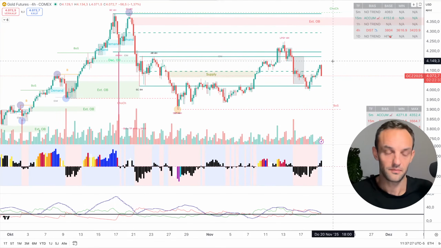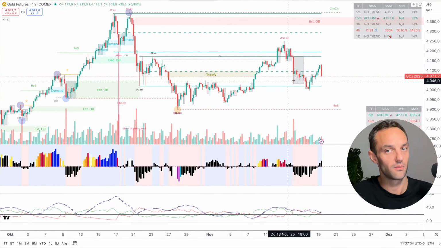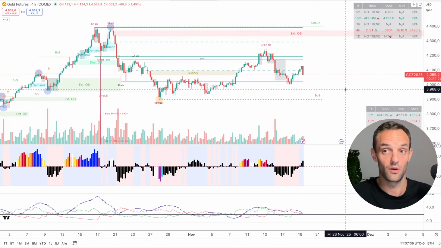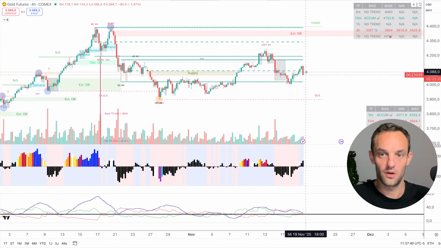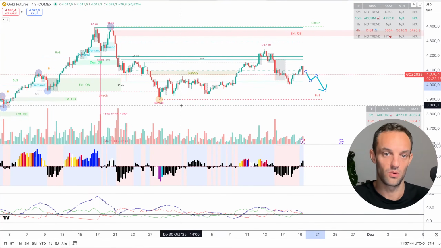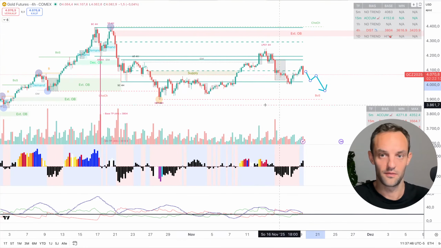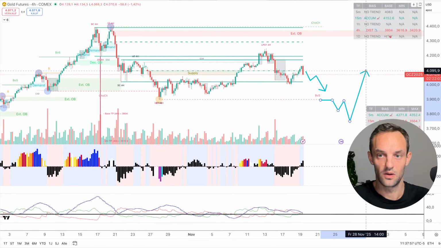And from my point of view, we see a range-bound market currently and potential of further falling, decreasing prices. I think in the 4 hour chart, from my point of view, it's bearish currently. We might jump lower, and if we break this structure, we might go even lower and then go back.